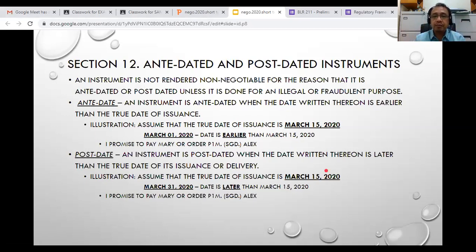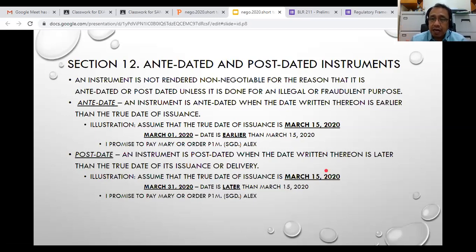So take, for example, today is October 1, 2020. As a rule, if I issue a promissory note today, I am expected to place the date October 1, 2020. But if instead I place September 1, 2020 as the date of the issuance of the instrument, what did I just do?